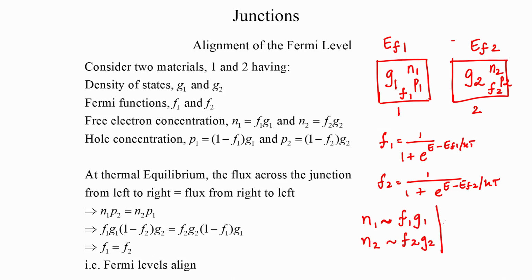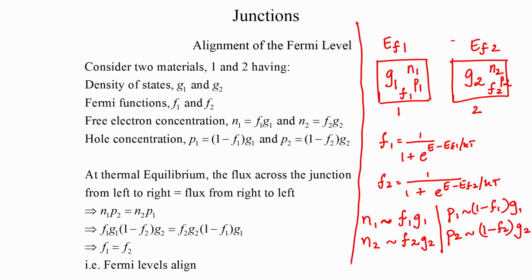And the probability of non occupancy, that is the probability of finding holes, is 1 minus F1 times G1, and in material 2 it is 1 minus F2 times G2. So, these are the parameters that we have in material 1 and material 2.